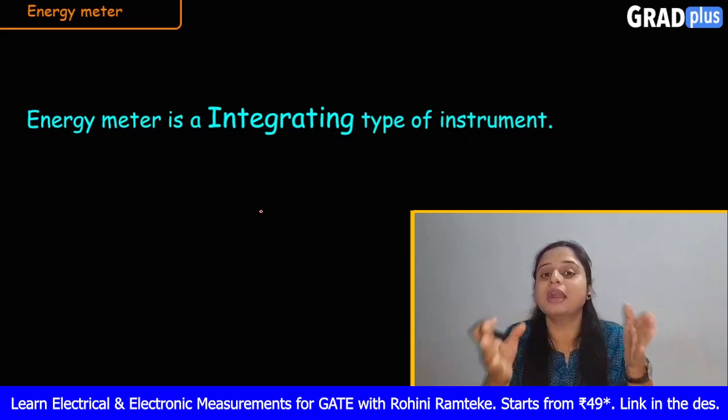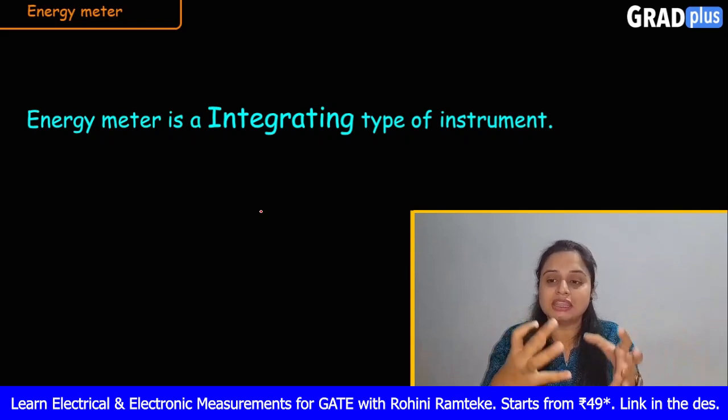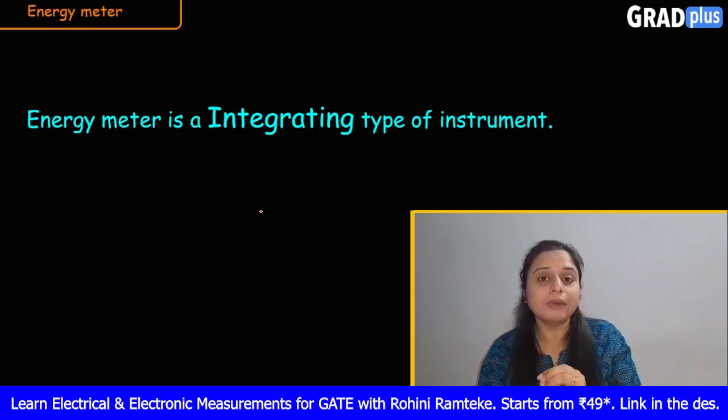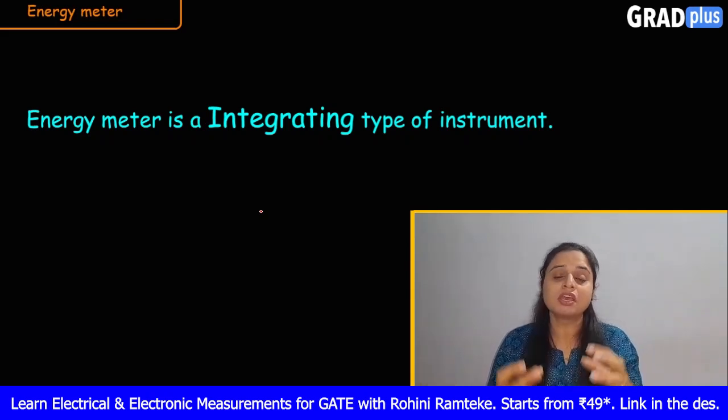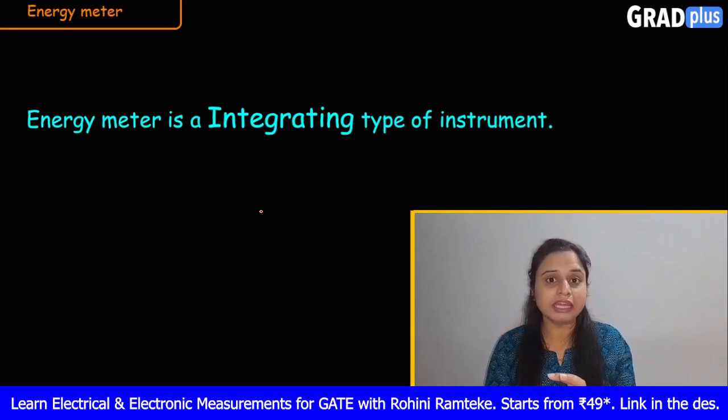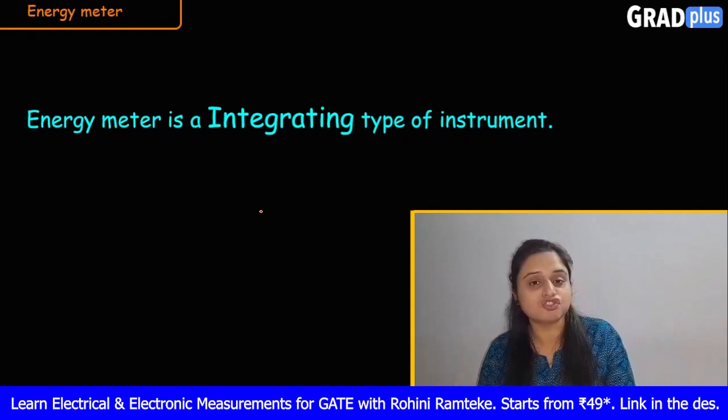So the analog instruments are classified basically into indicating, integrating and recording type instruments.